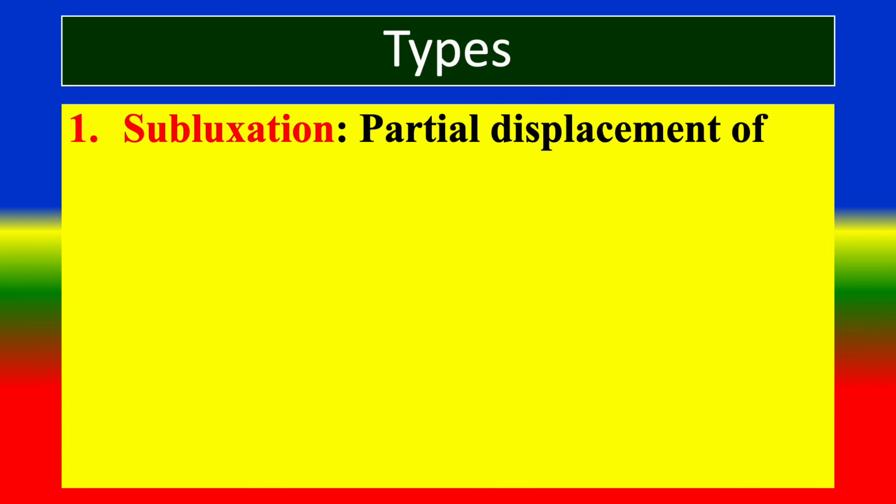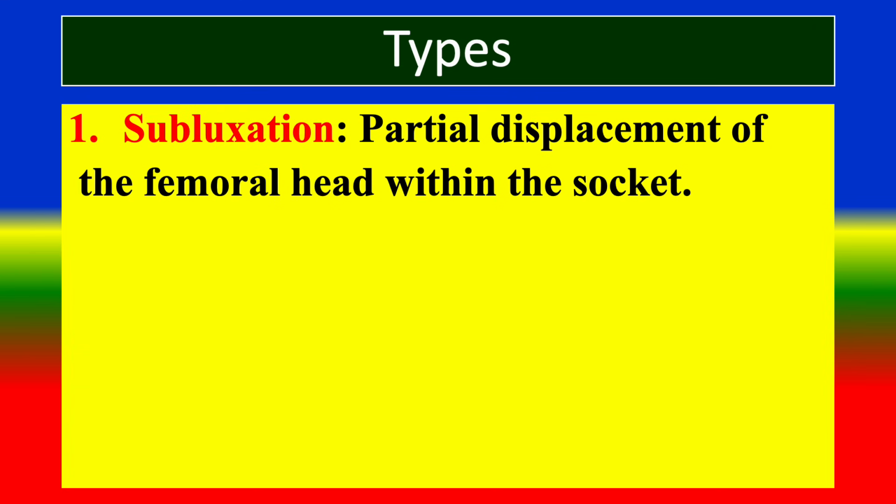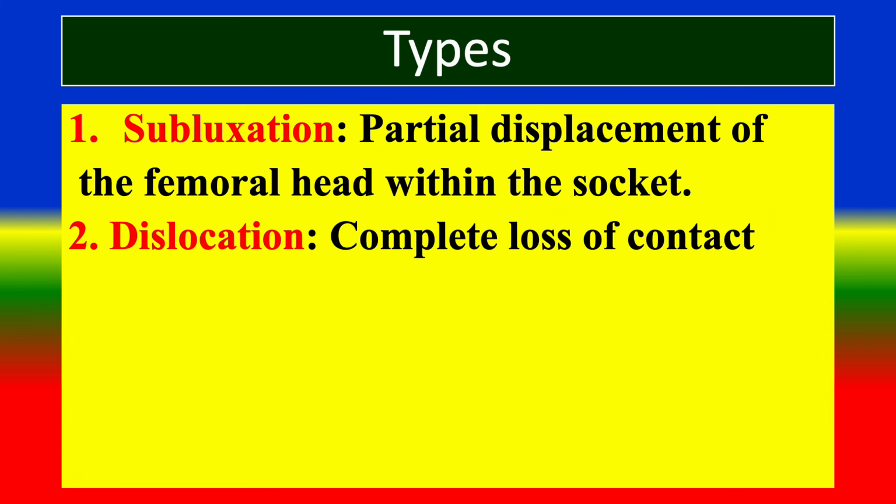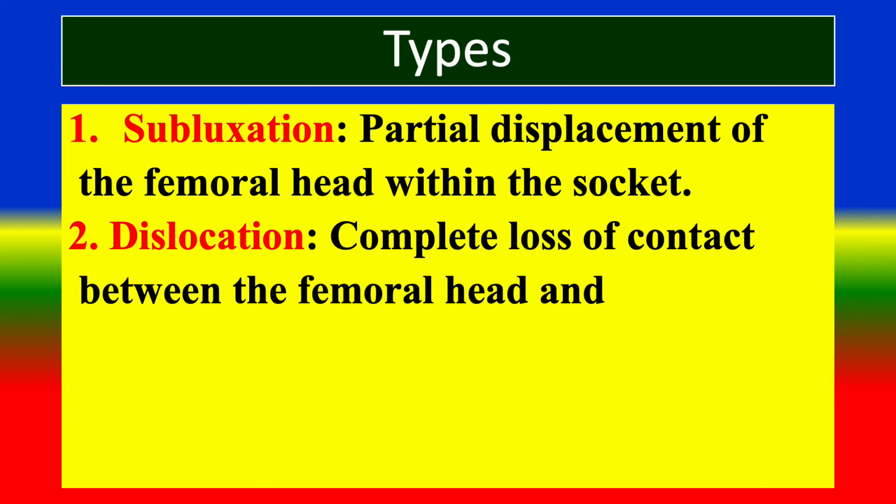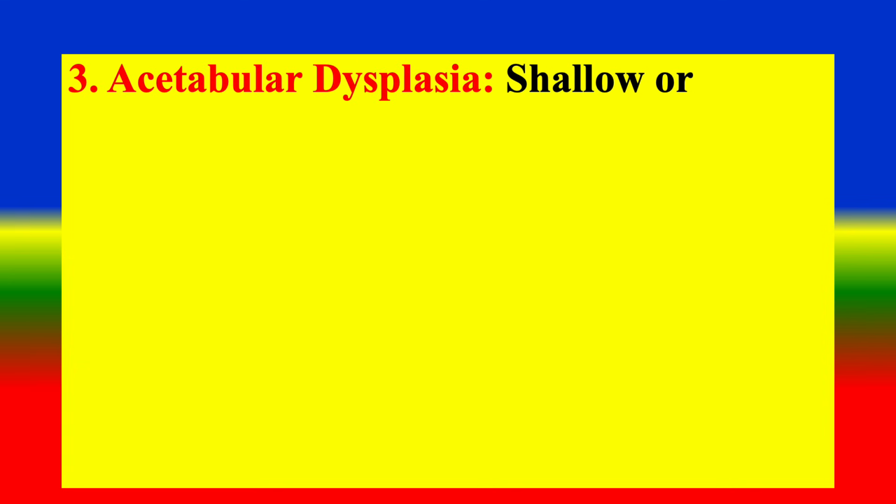Types: 1. Subluxation, partial dislocation of the femoral head within the socket. 2. Dislocation, complete loss of contact between the femoral head and acetabulum. 3.